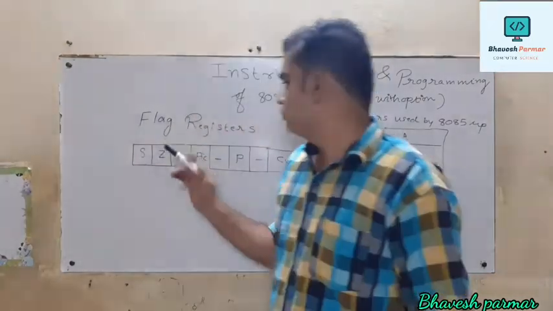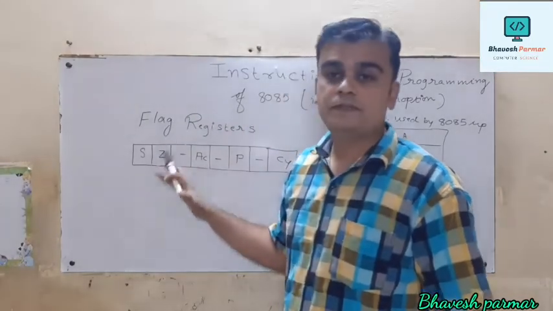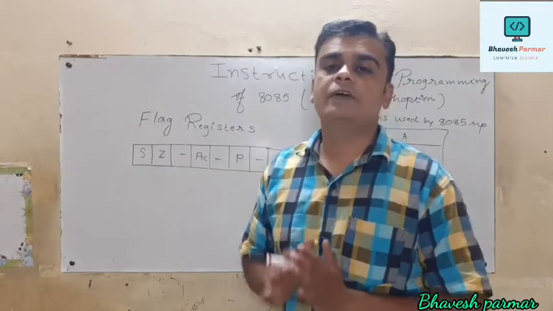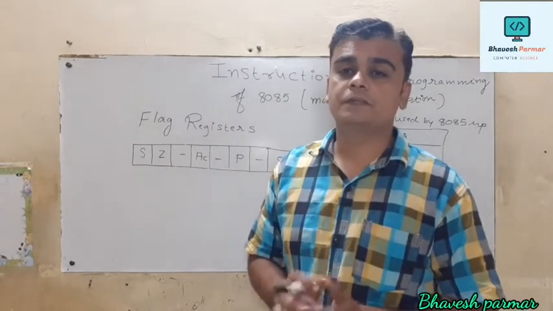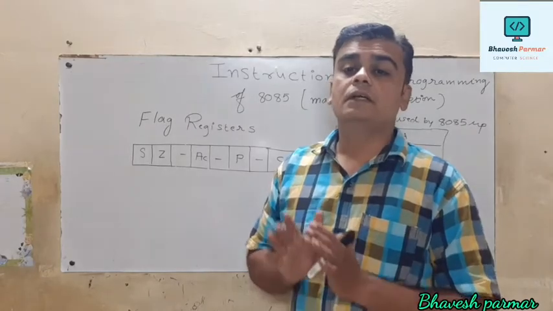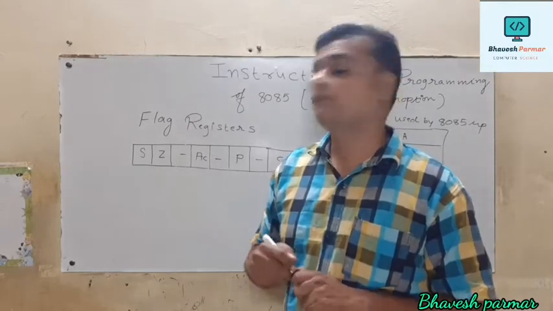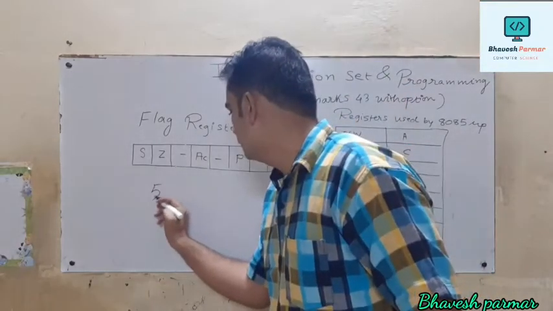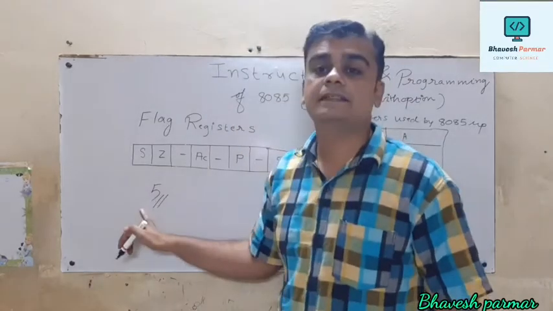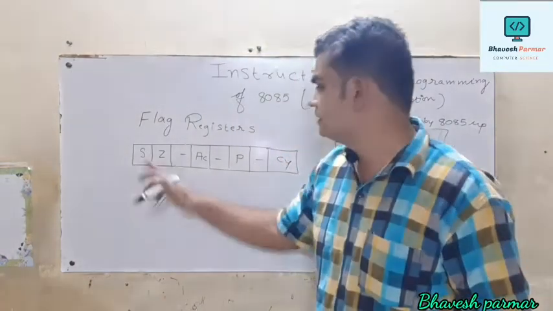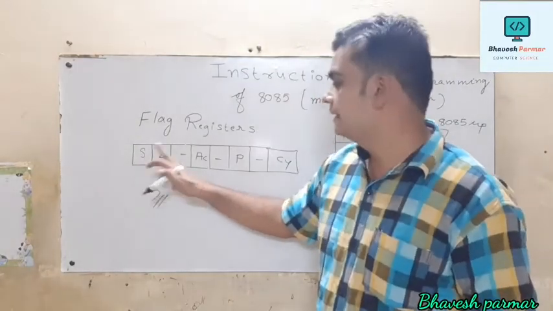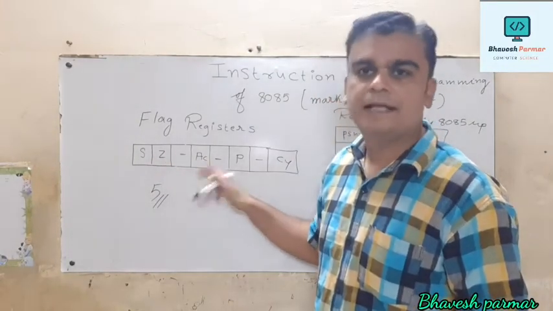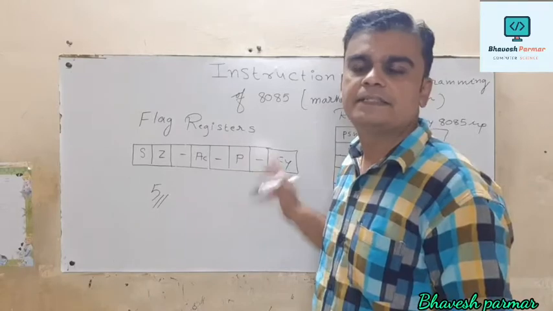In case of the flag register, our 8085 microprocessor is an 8-bit microprocessor, and there are a total of 5 different flags. Which are these flags? S flag, Z flag, AC flag, P flag, and finally CY flag.